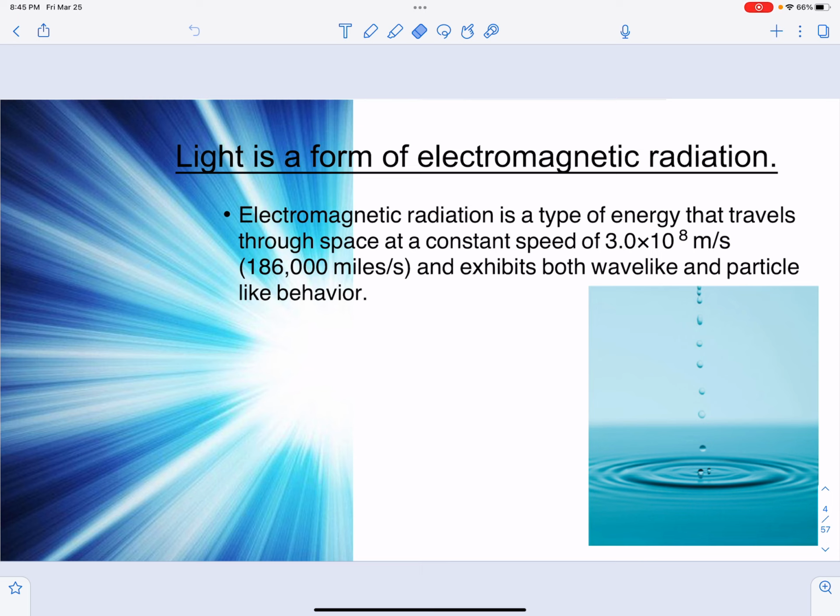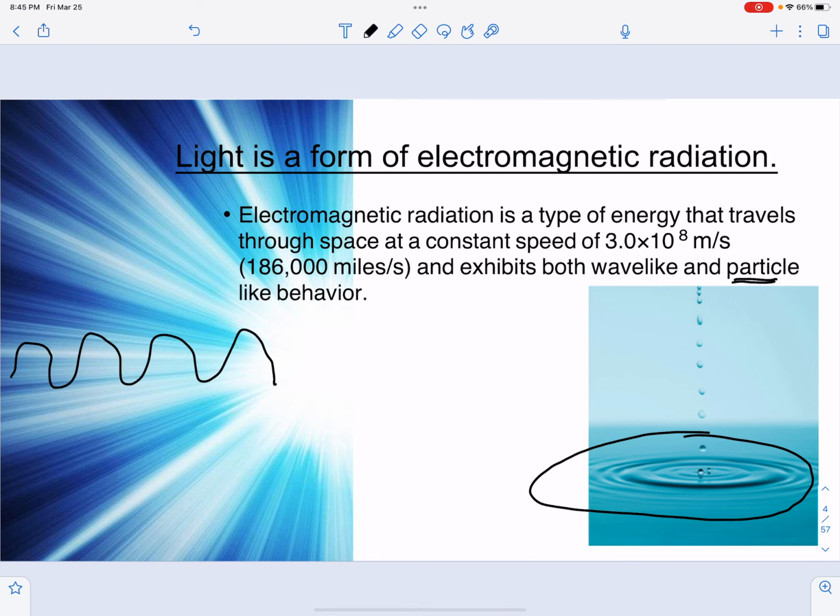But one thing about light is that light can be seen as a wave, and that's what we see here. Like when you drop something into the water, it produces waves. So it travels up and down, and it also has particles. So you can see this light traveling like a wave with ups and downs, or just a bunch of particles moving really fast. So there's two ways to see light.